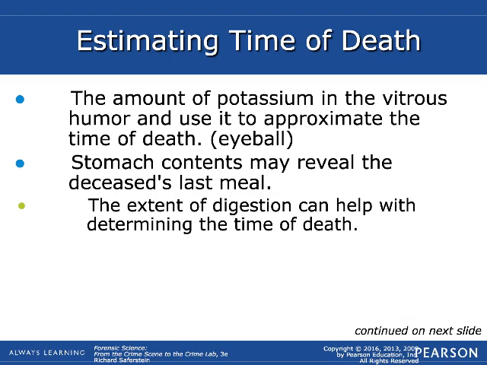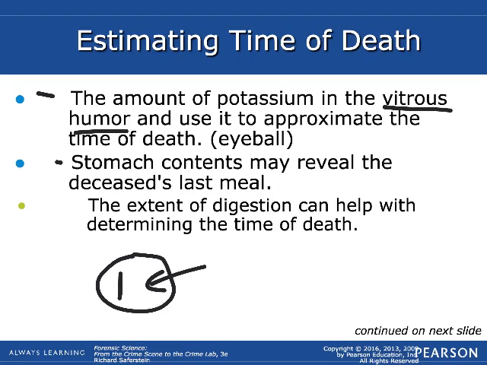Okay, now another way to estimate the time of death is to take a syringe and a needle and go into the eyeball. I'll show you this in lab. In the eye there is fluid behind the lens of the eye. So I'm trying to draw a little picture. And that fluid is called vitreous humor.